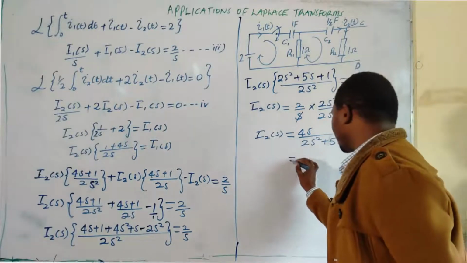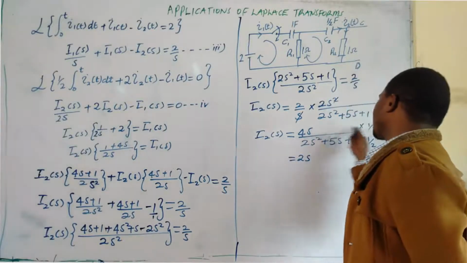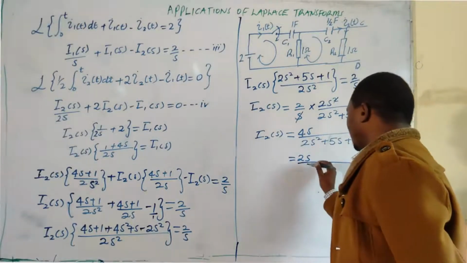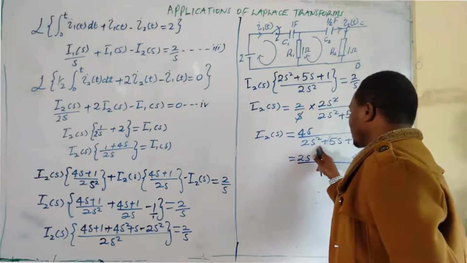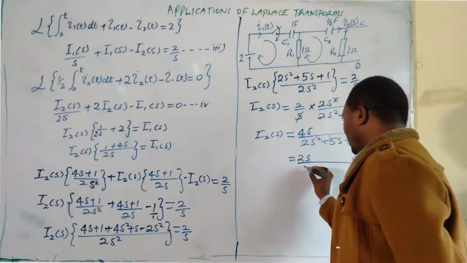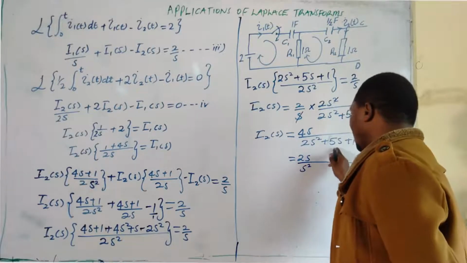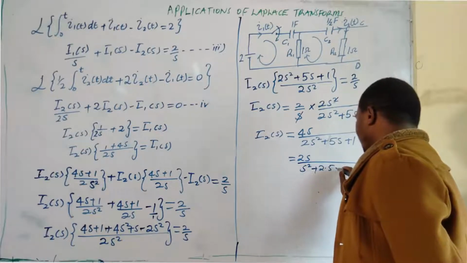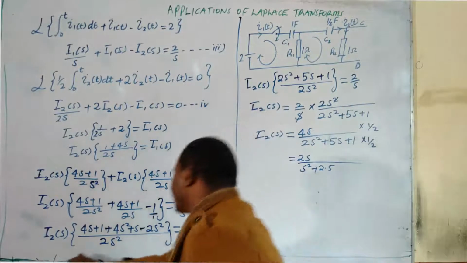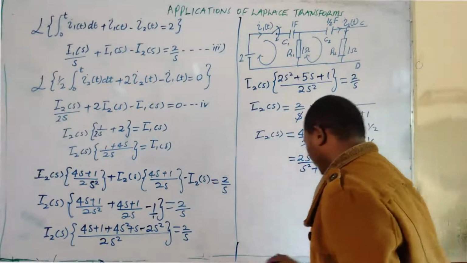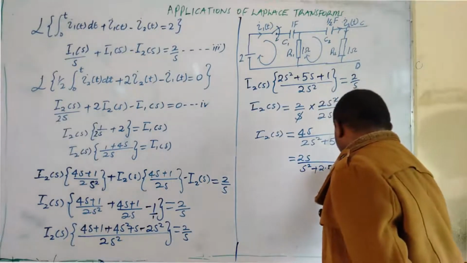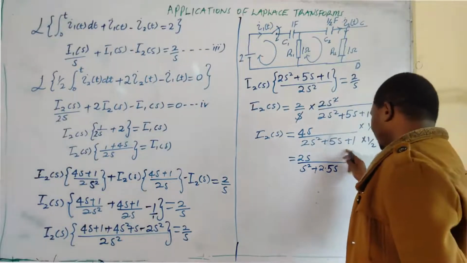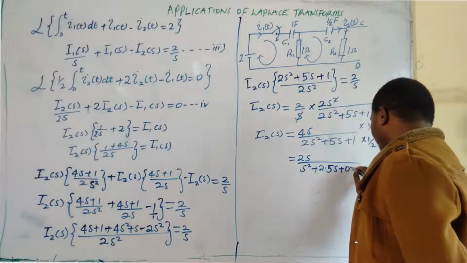This will give us 2s, because 4 times half is 2s, over half times 2s squared, it is s squared, half times 5s plus 2.5s, half times 1 is equal to 0.5, plus 0.5.